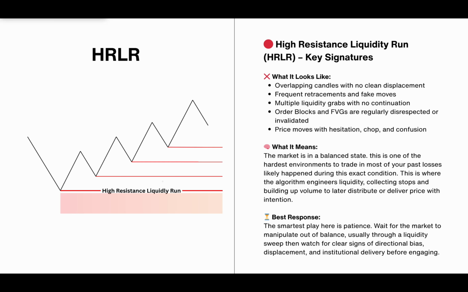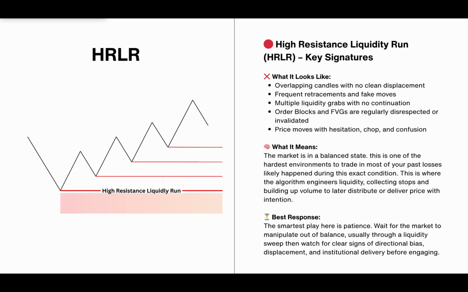So essentially what you're looking for is overlapping candles, frequent retracements, fake moves, multiple liquidity grabs, and order blocks and fair value gaps being disrespected. That's key right there, guys. Price moves with hesitation, chop, and confusion, right? So what it really means is the market itself is in a state of balance.